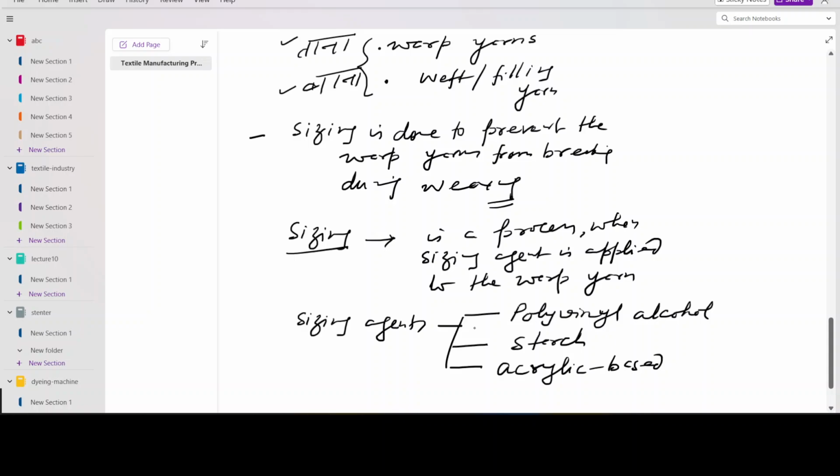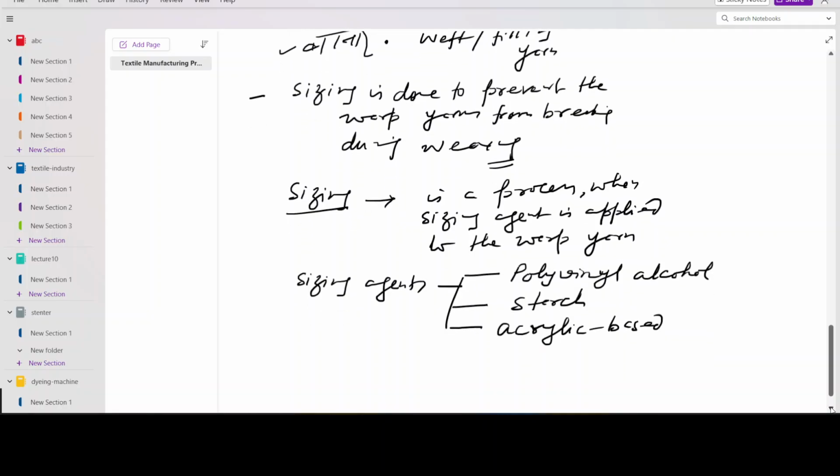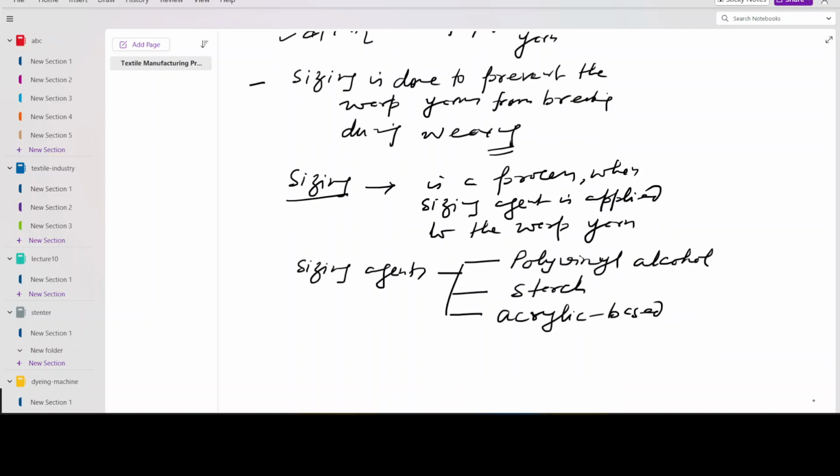Further, we will see that another process known as desizing is required in which these sizing agents will be removed.